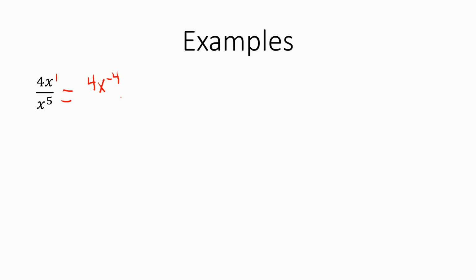And now that I have it in this form, I can rewrite it one more time using the negative exponent property. But this time only this term gets flipped, because the 4 doesn't have a negative exponent, it's just a number. It's going to stay on top, and then the x to the 4th will go on the bottom. So 4 over x to the 4th.